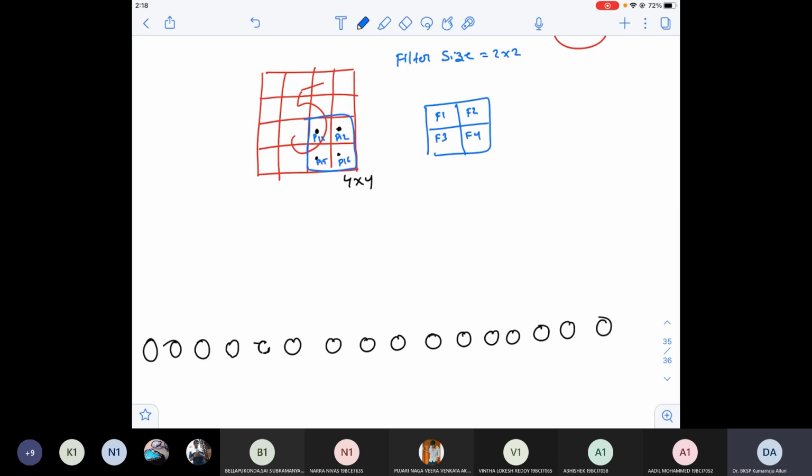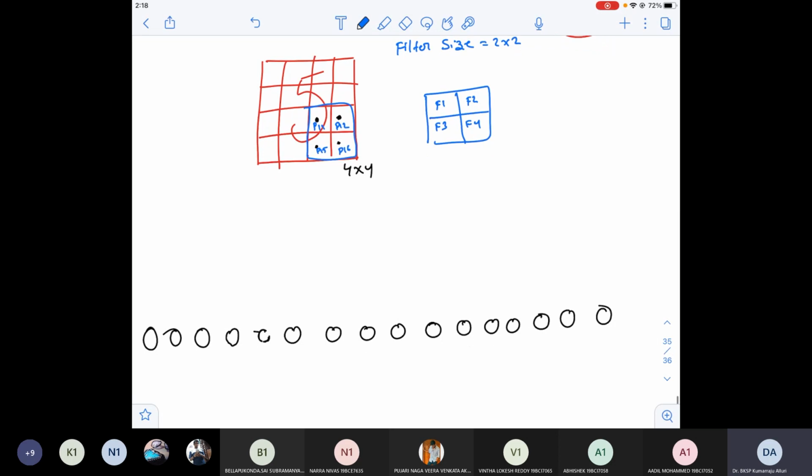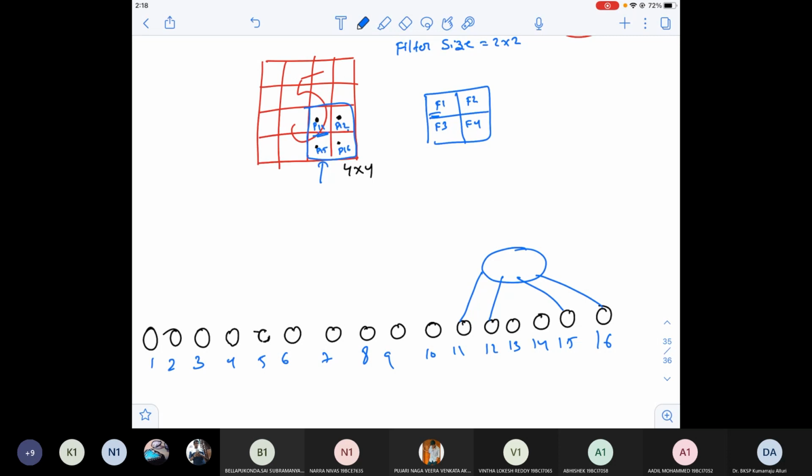Whenever you do that, for example P11, P12, this is 1, 2, 3, 4, 5, 6, 7, 8, 9, 10, 11, 12, 13, 14, 15, 16. Now P11 should be multiplied with F1, then P12, then P15, then P16. I need to multiply these and aggregate, right? Whatever result you get after aggregation, maybe I call this H, the middle layer.